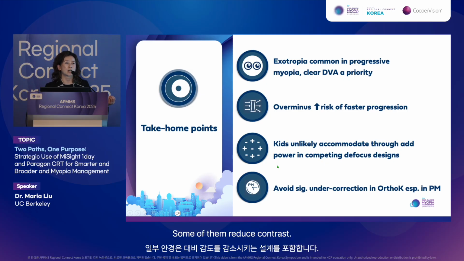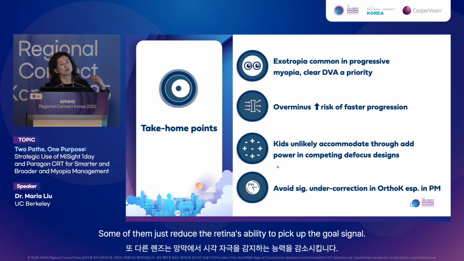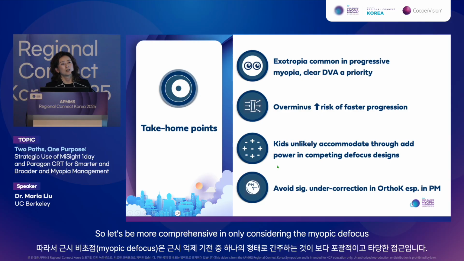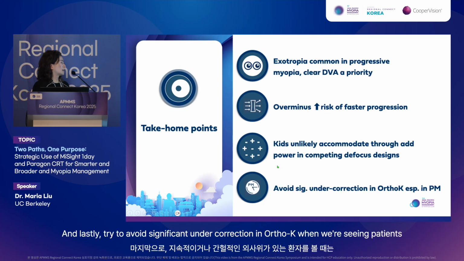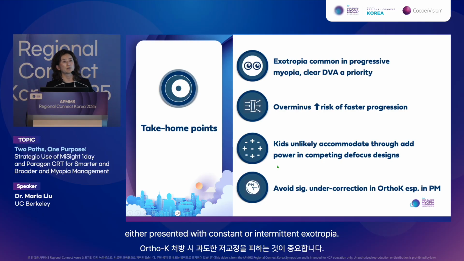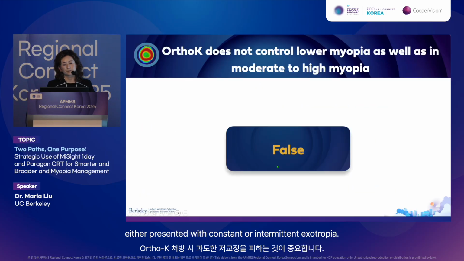Some of them reduce contrast, some of them just reduce the retina's ability to pick up the go signal. So let's be more comprehensive, and not consider only myopic defocus as the special type of myopia stop signal. And lastly, try to avoid significant undercorrection in ortho-K when we're seeing patients presenting with either constant or intermittent exotropia.